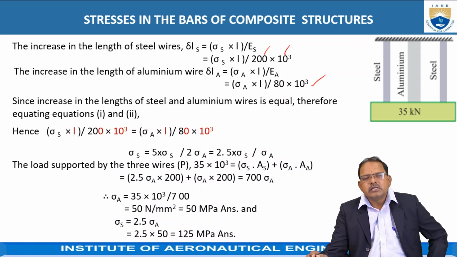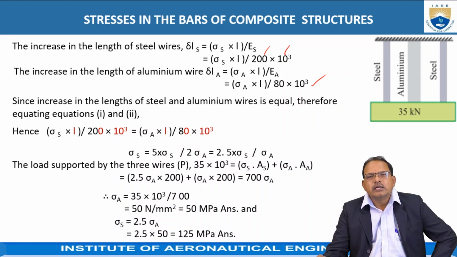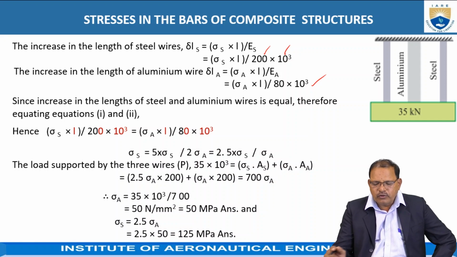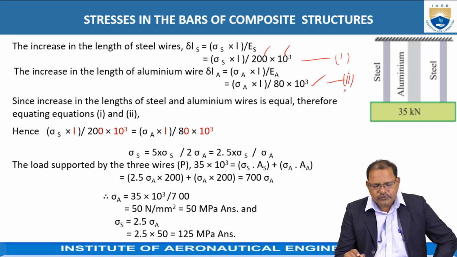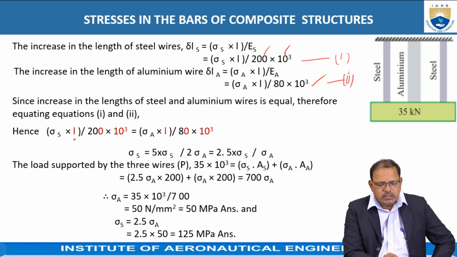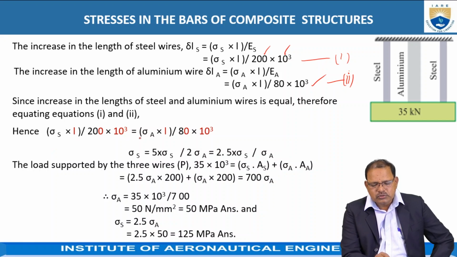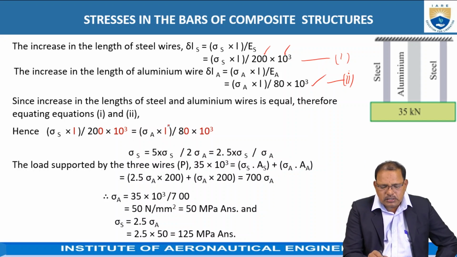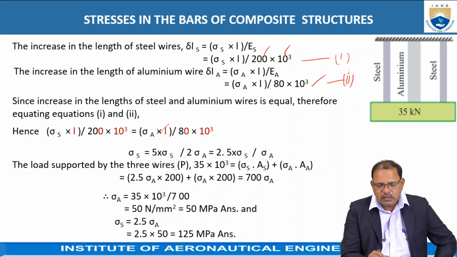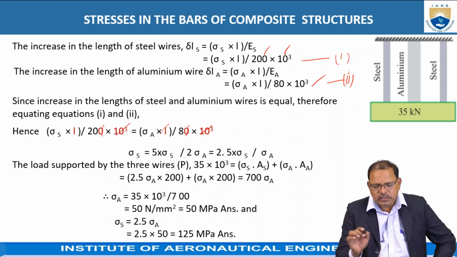Since the increase in length in the steel as well as the aluminum are both the same, we can equate equation 1 and equation 2. That is, sigma S into L divided by 200 into 10 to the power of 3 is equal to sigma A into L divided by 80 into 10 to the power of 3. Here L remains constant, both are the same, so it cancels. The zeros cancel, and 10 to the power of 3 also cancels.